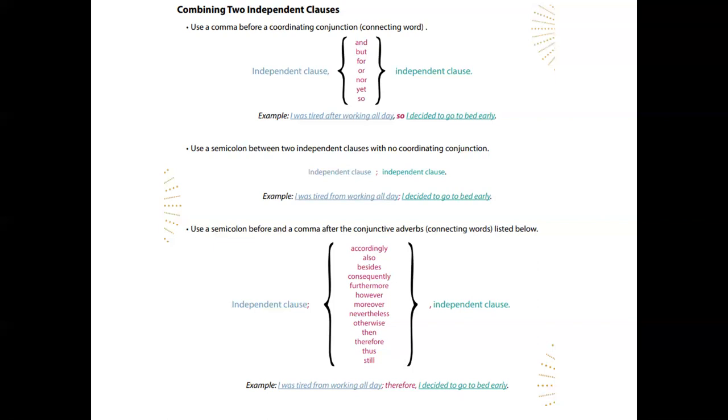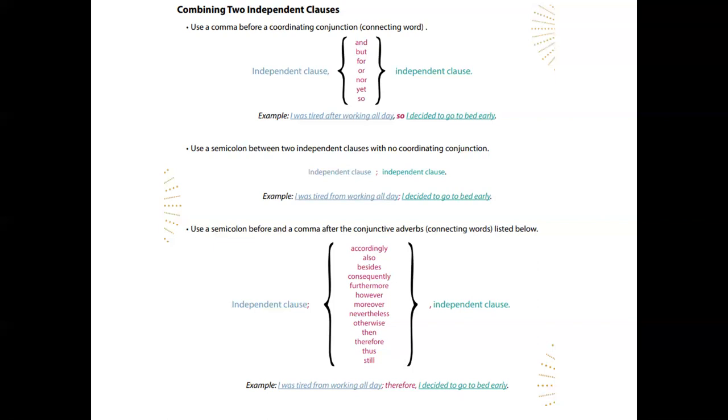So first we have an independent clause, then a semicolon, then one of these connecting words. These conjunctive adverbs are limited also, so do not use others that are not appropriate for the context of what we are creating right now.